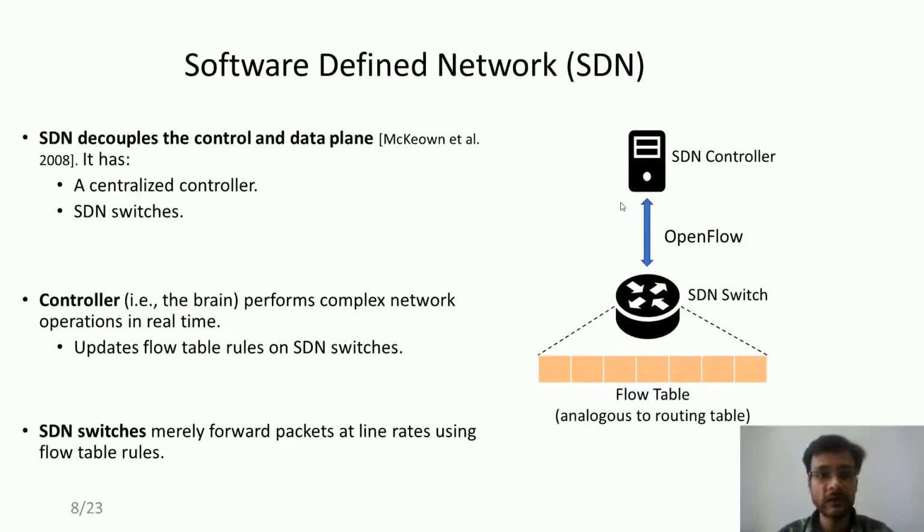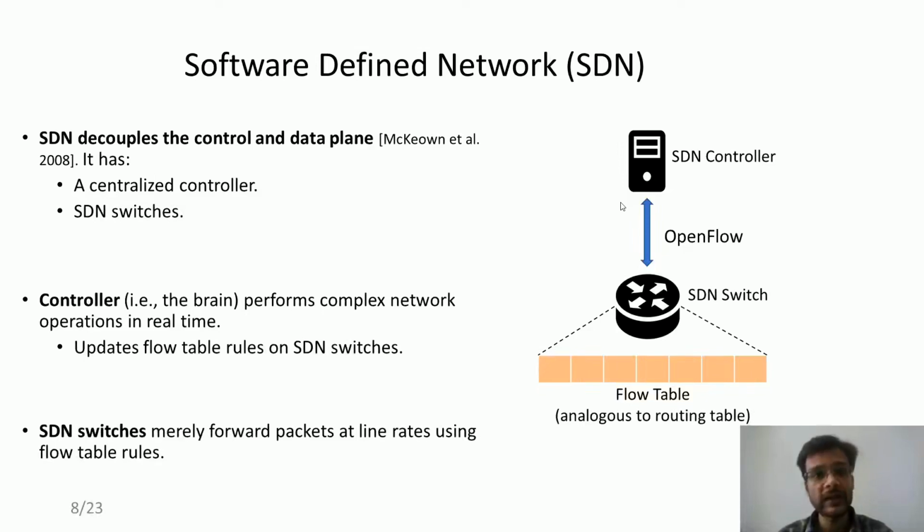So software defined networks are a new networking paradigm wherein the functionality of a single networking device is split into two entities, the control plane and the data plane. The control plane, which is managed by the SDN controller, is basically the brain of the ISP or the network, and it performs most of the complex network operations such as deciding routing policies or access controls and so on.